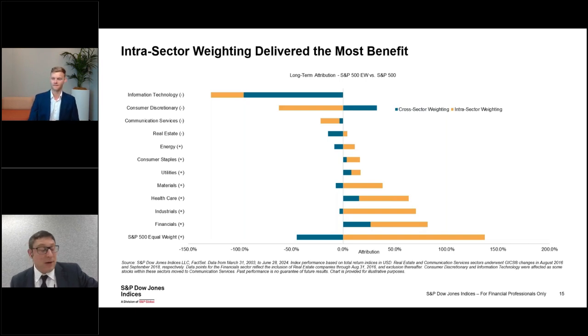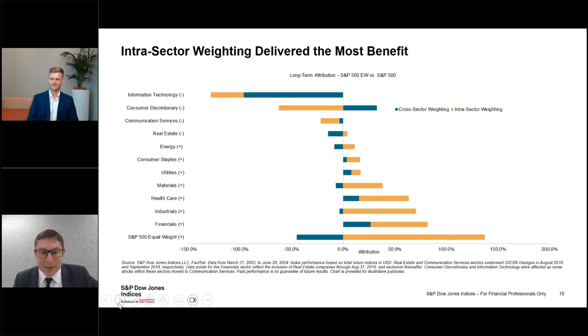Yeah, this is actually one of the two exhibits where what I'm showing is quite strongly influenced by the particular circumstances of the period that we're studying, right? IT, consumer discretionary, communication services. I don't need to tell you the names that might have been an important factor in driving that.